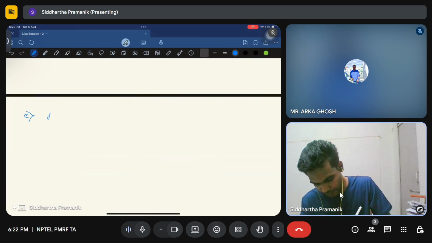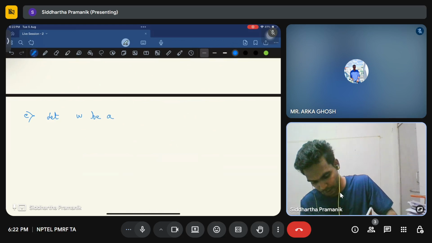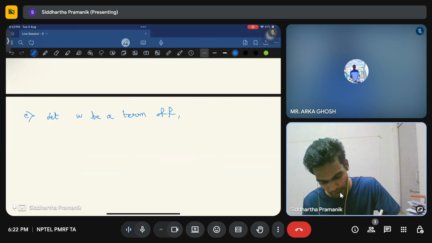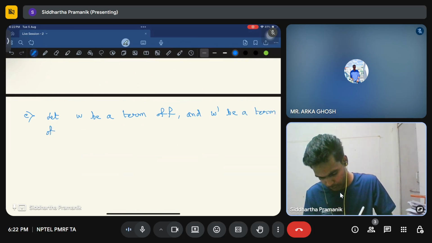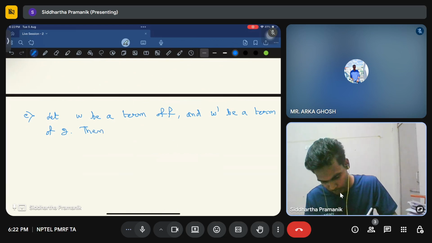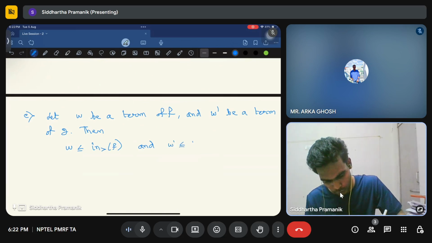Let w be a term of f and w prime be a term of g. Then we can write w is less than or equal to the initial term of f, and w prime is less than or equal to the initial term of g.